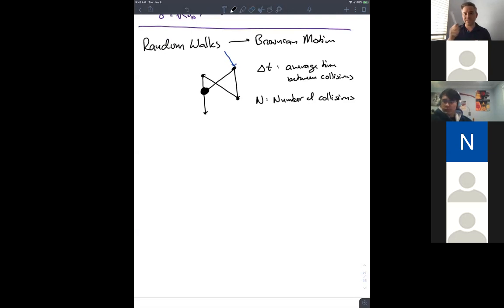Each one of these collisions corresponds to our random steps for the random walker that we modeled previously, so the collisions here are what randomizes the steps. Again, on average, every step, the length that the particle travels, we're going to say they're all the same. We'll call that L. So L is the average step size.